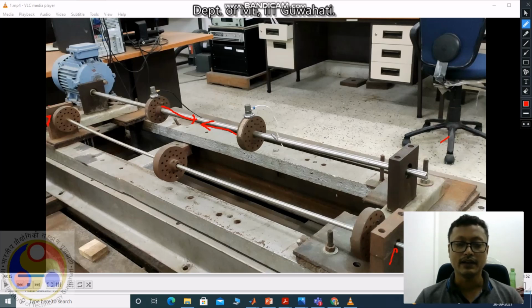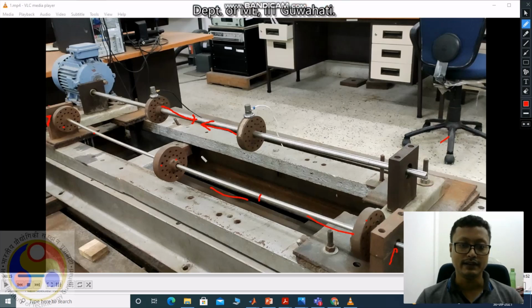two masses. Accordingly, for the 3 degree of freedom system, in the first case we keep masses 1, 2 and 3 at equal distance, here, here and here, means this length and this length, equally placed, and collect the data of natural frequency.